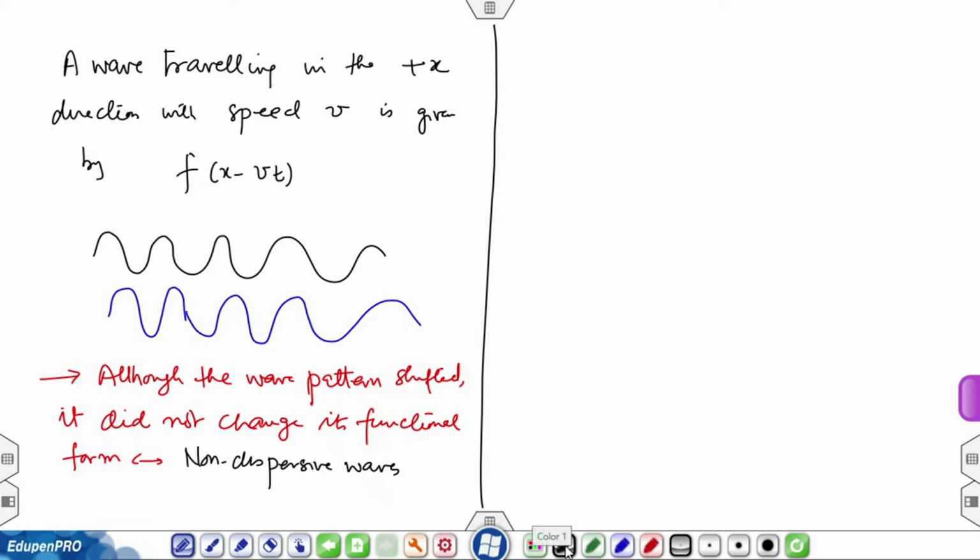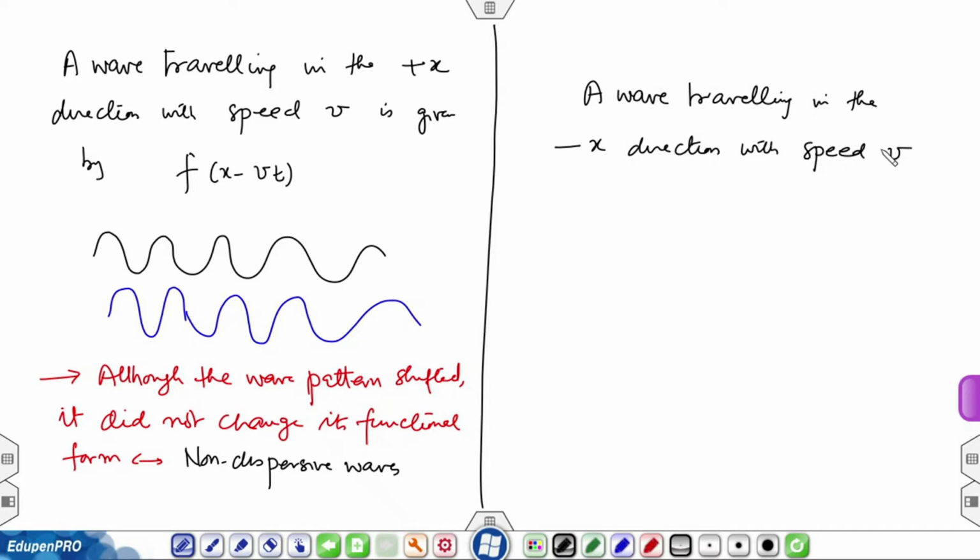Now, I will leave for you to show with the same arguments that a wave traveling in the negative x direction with speed v is described by a function f, which is a function of x plus vt.